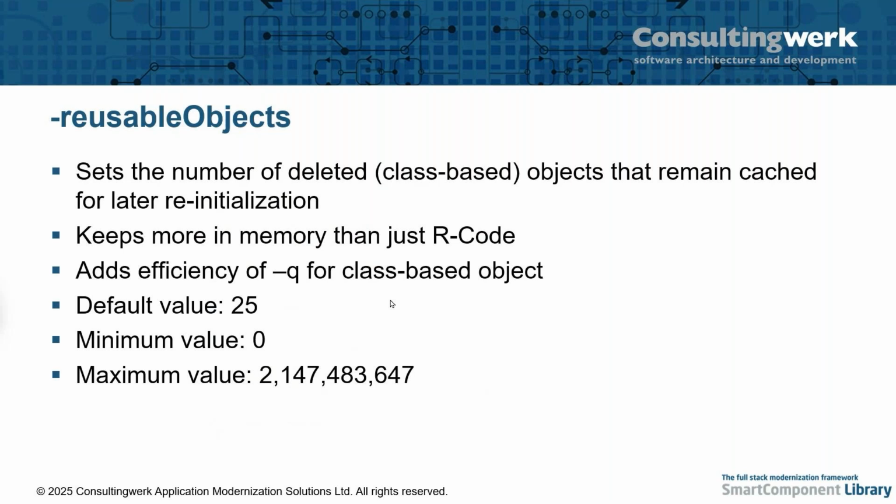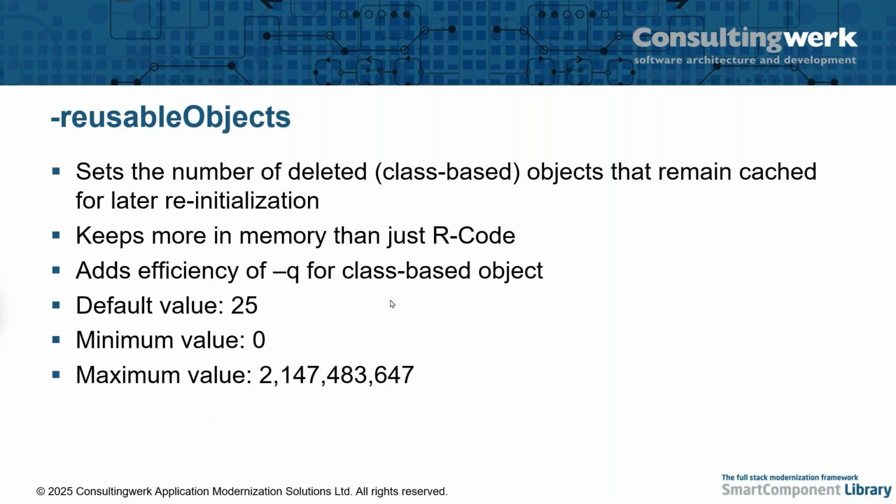A similar feature for improving load times, especially of class-based objects, is the reusable objects parameter. The reusable objects parameter is not just about keeping the R code of the classes in memory, it's also about keeping the memory structure around that contains the properties and variables and temp tables in an object instance.